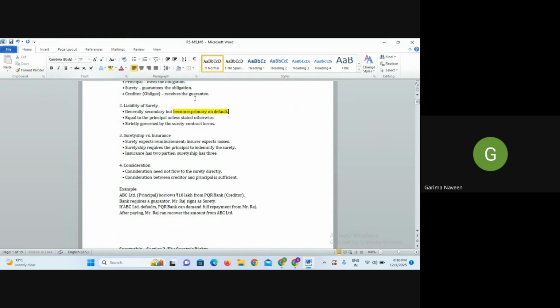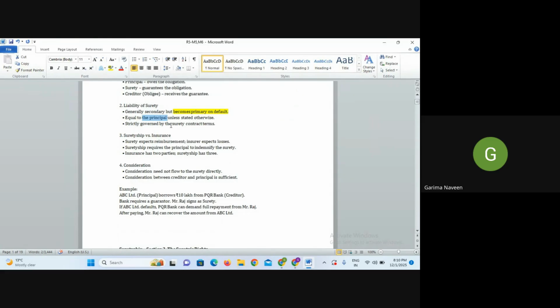So if the principal defaults, then it is completely the primary responsibility of the surety to pay on behalf of the principal. Okay, sometimes it is equal to the principal. There are some types of arrangement in which the surety has secondary liability, meaning he will only be liable if the primary party defaults on the loan.